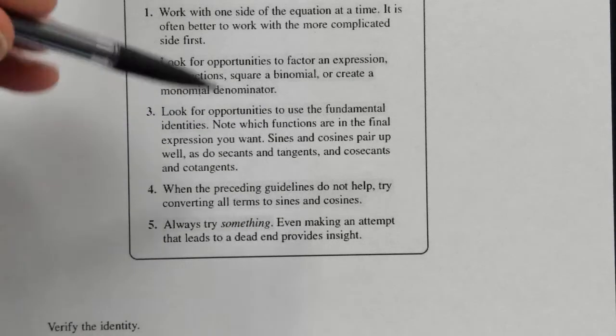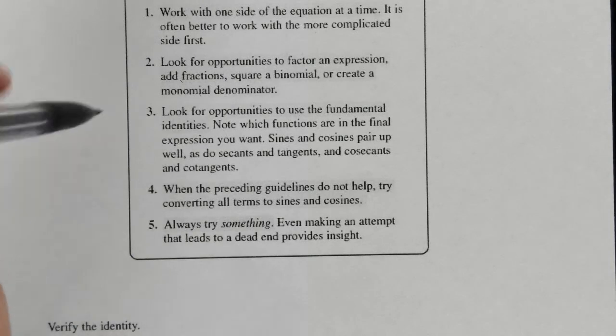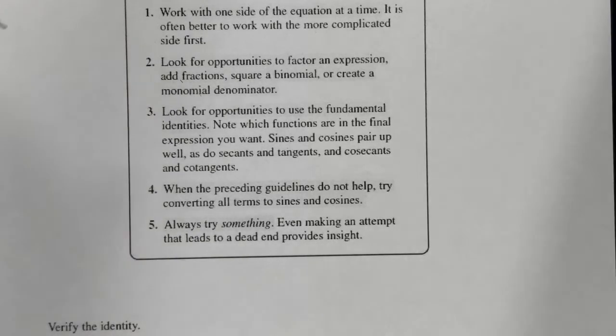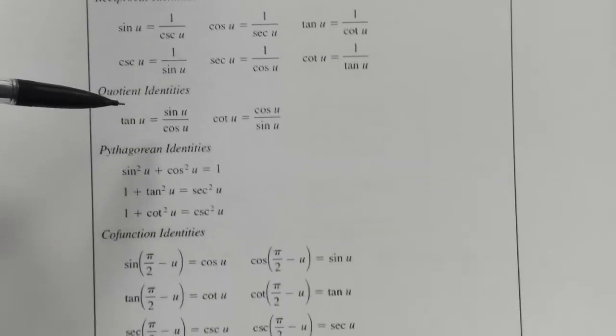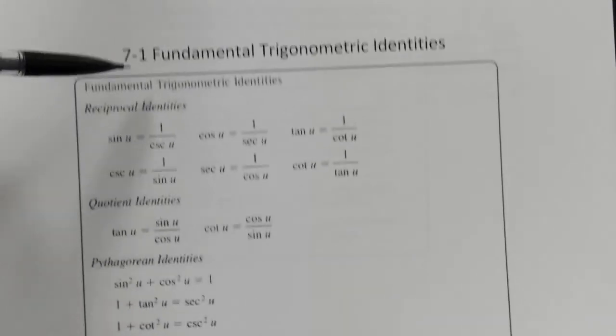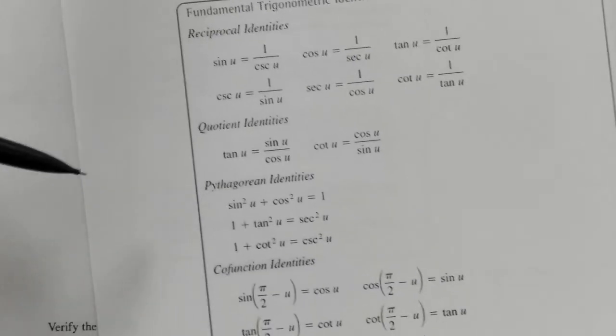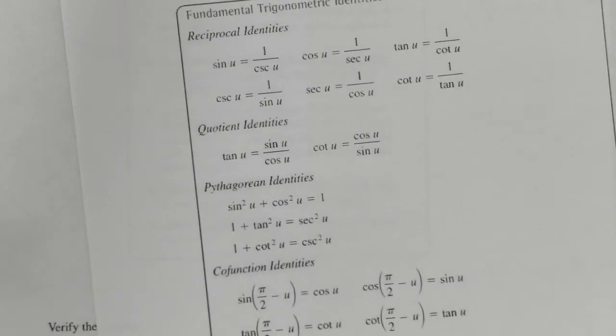When you're trying to verify these identities, you want to be familiar with all the identities that we looked at at the beginning of the unit, because these are what you're going to use to get from what you start with to what it's equal to.